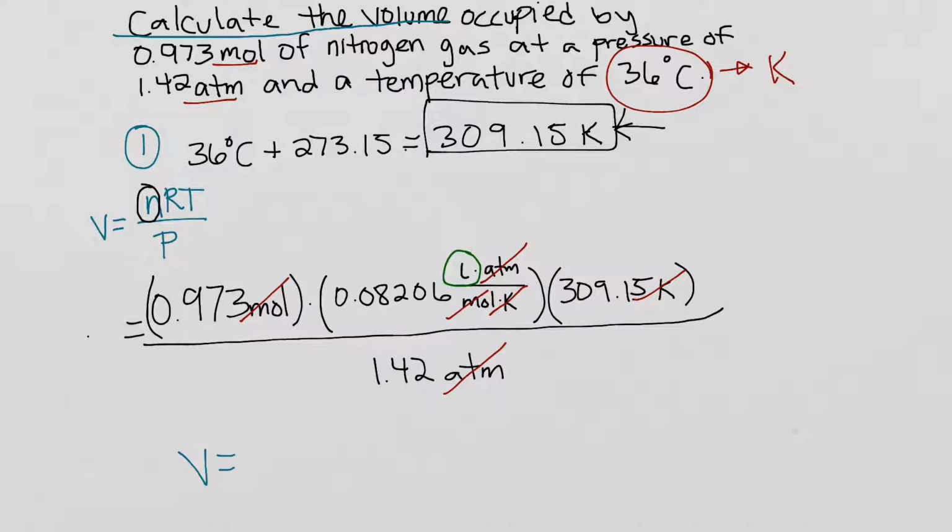So now we're solving for our volume. Our volume equals, and let me punch this in the calculator too. We have 0.973 times 0.08206 times 309.15 divided by 1.42.